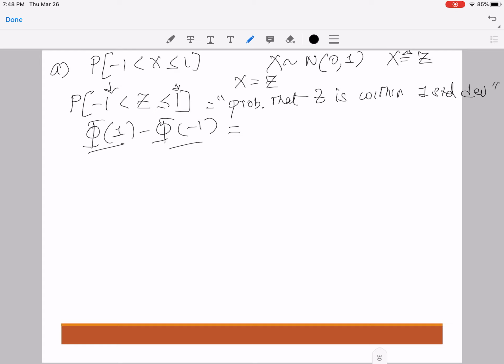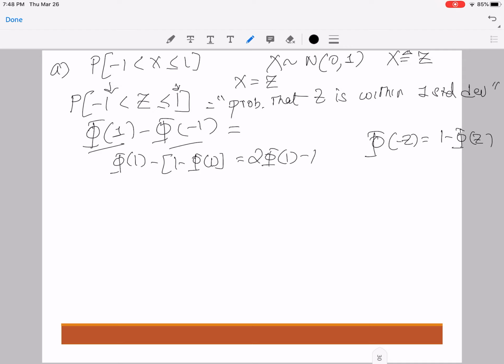I can optimize this by using the property of standard normal distribution that phi of negative z is equal to 1 minus phi of z. So I can replace phi of negative 1 with 1 minus phi at 1, giving me 2 times phi at 1 minus 1. So I need to look at the CDF table, or the phi table, just once.